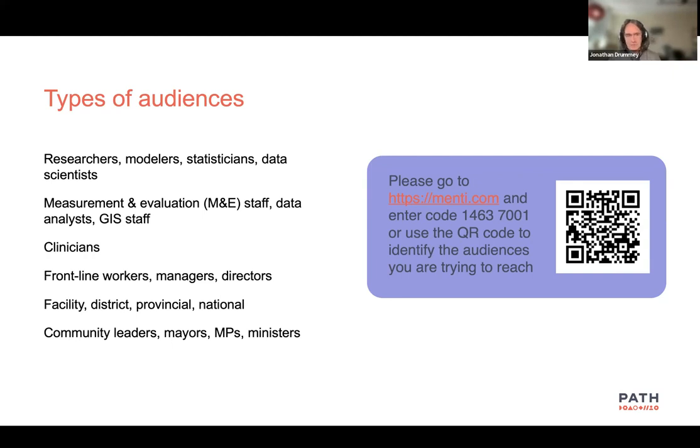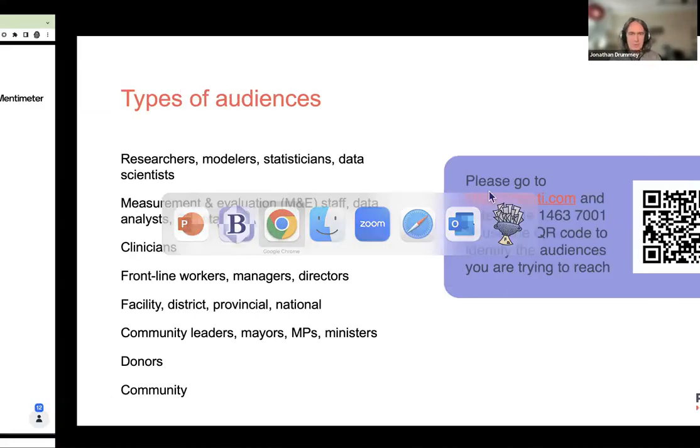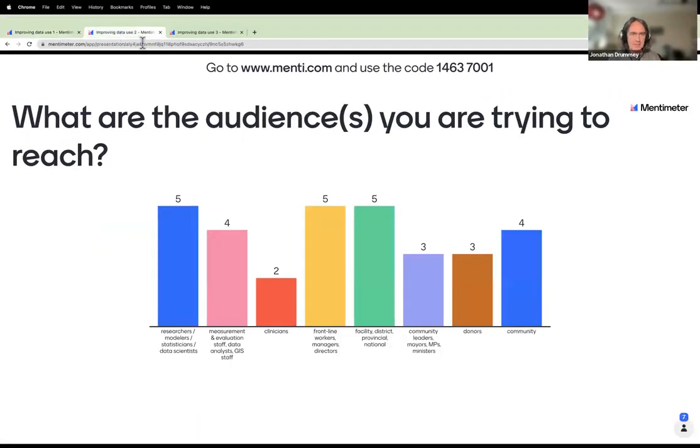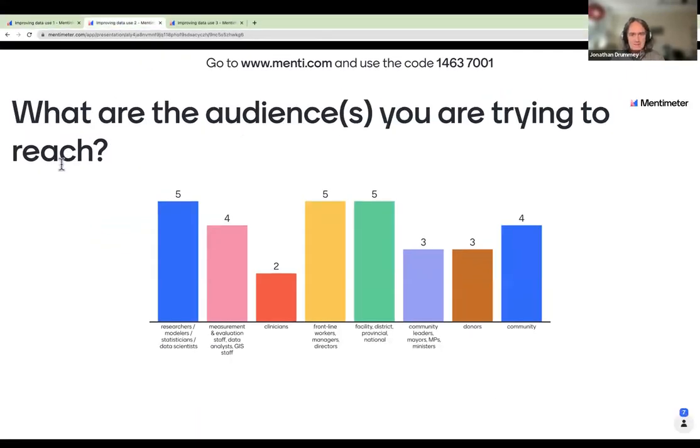So the visualizations we build may get presented to a member of parliament at some point. And then there's donors and the actual members of the communities that we're serving with our data. So all different kinds of audiences. And switching over, we will take a look at the Menti results and see what we have.